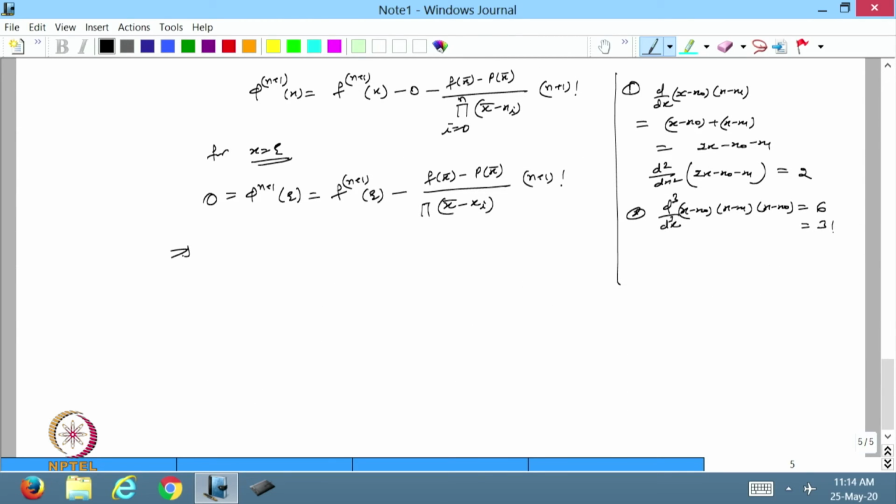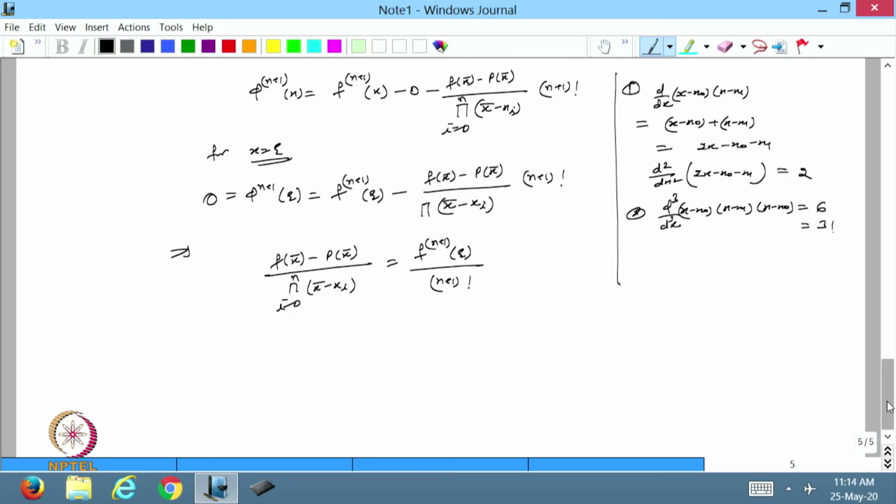From here I will get that this is equal to (f(x bar) - p(x bar)) divided by the product of (x bar - xi) for i from 0 to n, multiplied by (n+1) factorial. Now, for x equal to xi, I will get phi^(n+1)(xi), which will be f^(n+1)(xi), and this factor will be the same: the product with (n+1) factorial, and this is equal to 0. I will take this to the left hand side. So from here I can write that (f(x bar) - p(x bar)) divided by the product of (x bar - xi) from 0 to n will be equal to f^(n+1)(xi) divided by (n+1) factorial.